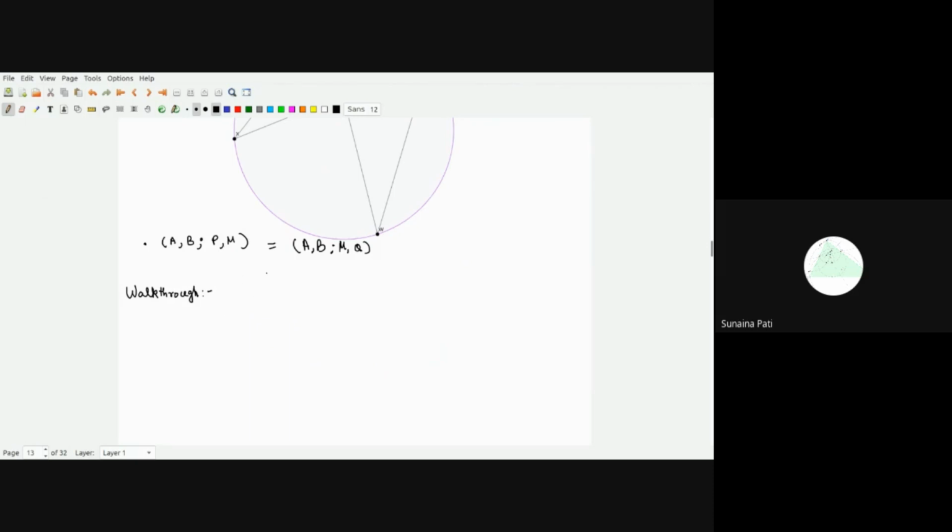And what do you get from it? Now you get PA by PB into MB by MA is equal to MA by MB into QB by QA.